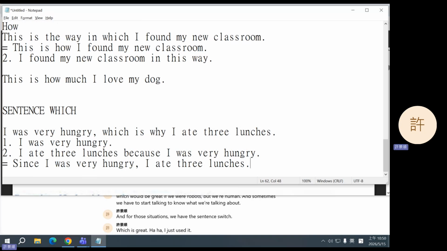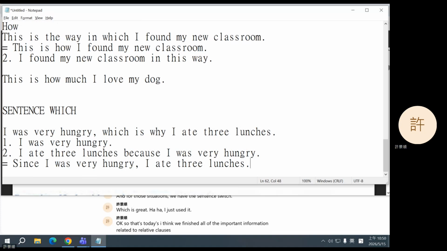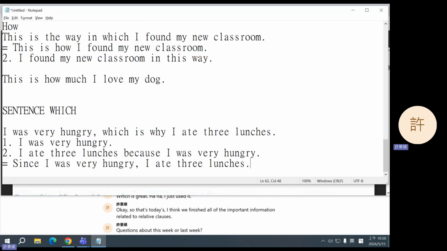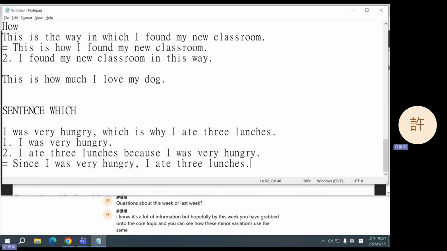Okay, so that's today's, I think we finished all of the important information related to relative clauses. Questions about this week or last week? I know it's a lot of information, but hopefully by this week you have grabbed onto the core logic and you can see how these minor variations use the same logical structure.